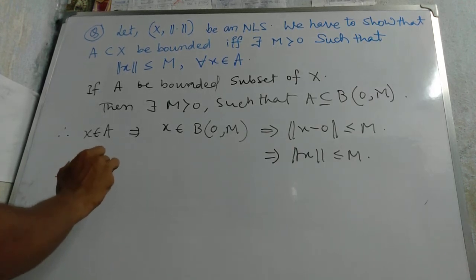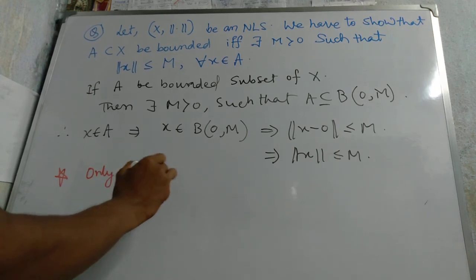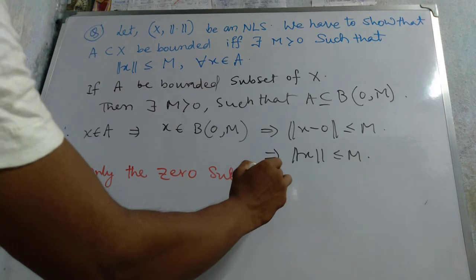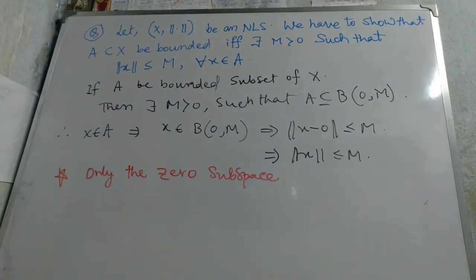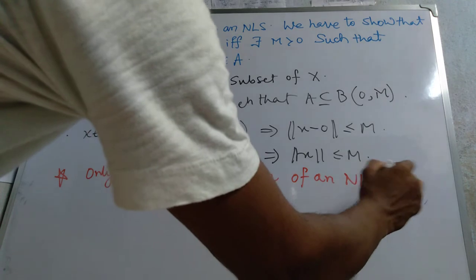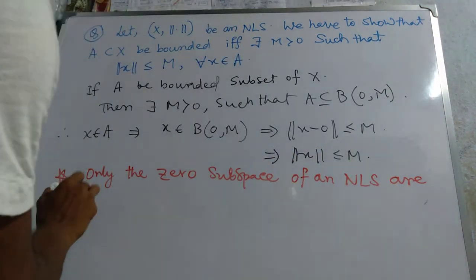Only the zero subspace of a normed linear space is bounded.